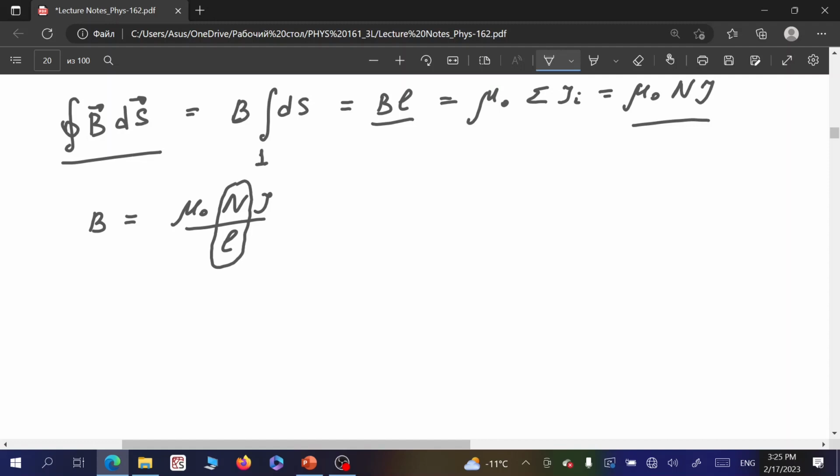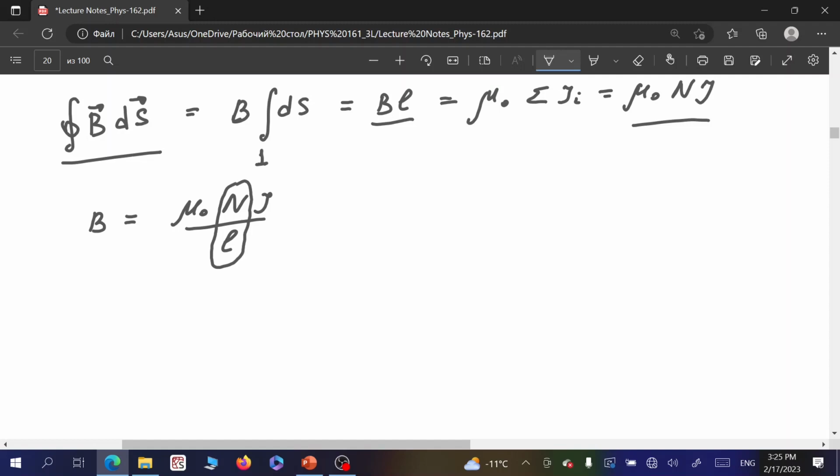It tells us how many turns of this solenoid fit per unit length. So it's kind of density per unit length, how many turns per unit length we realized with this solenoid. It can be different. It depends how we build this solenoid.